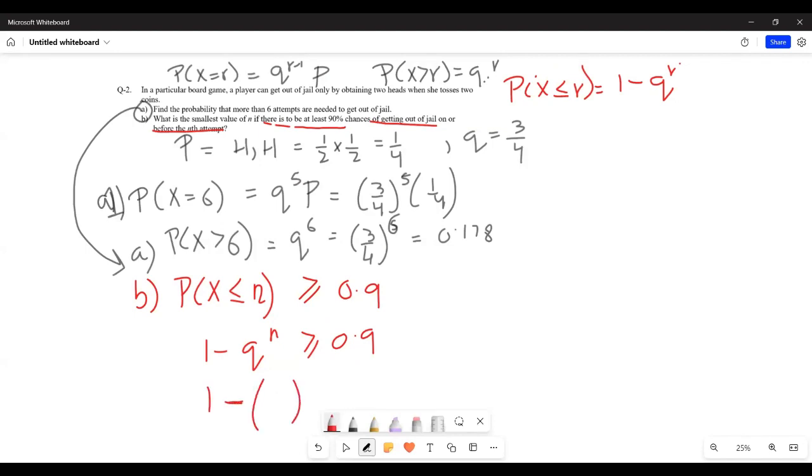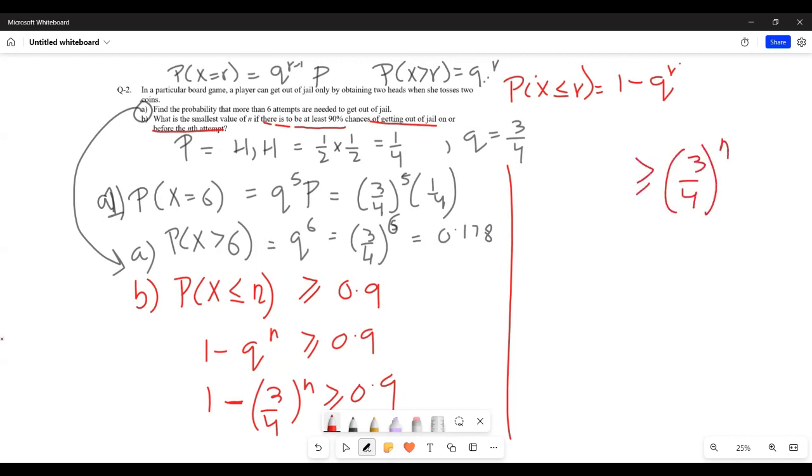Q is 3 by 4, power n greater than or equal to 0.9. The power is a variable. That means this becomes a question on log. So I'm going to rearrange this first, bring 3 over 4 power n to the other side, and 0.1 on the other side. 1 minus 0.9 is 0.1.